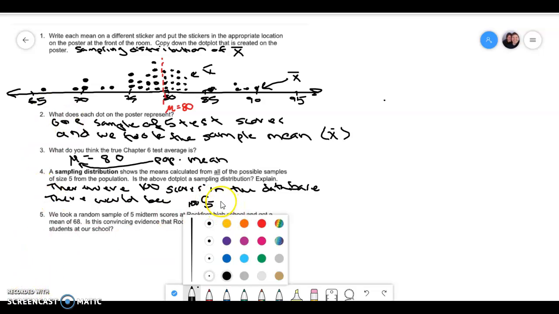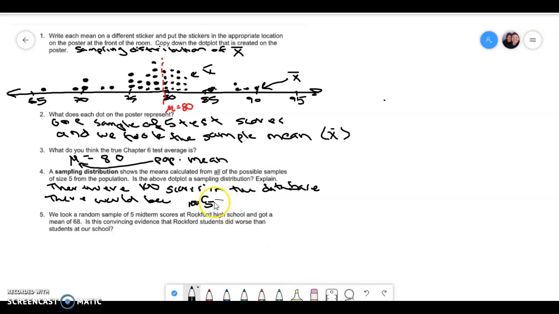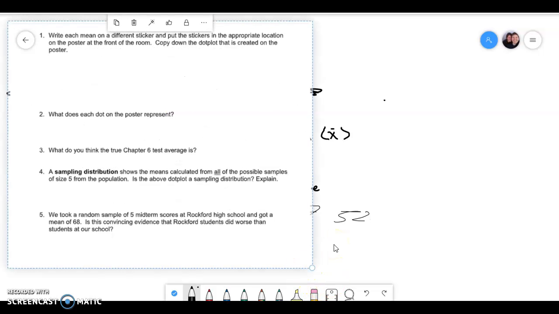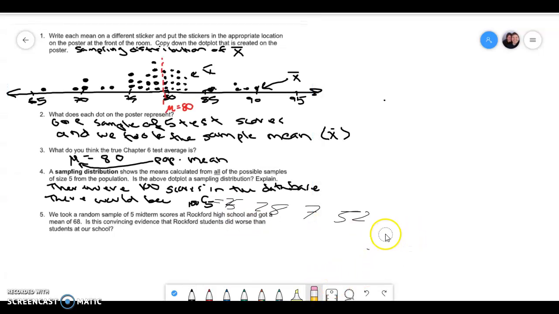Okay, I went and got my calculator. So 100 choose 5 possibilities, that's 75,287,520. Okay, I was looking at the calculator when I wrote that down. That doesn't look great, does it? Okay, I gotta stop doing that. Okay, let's try this.